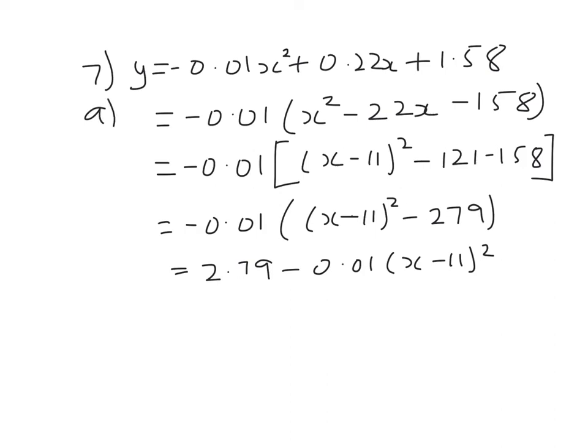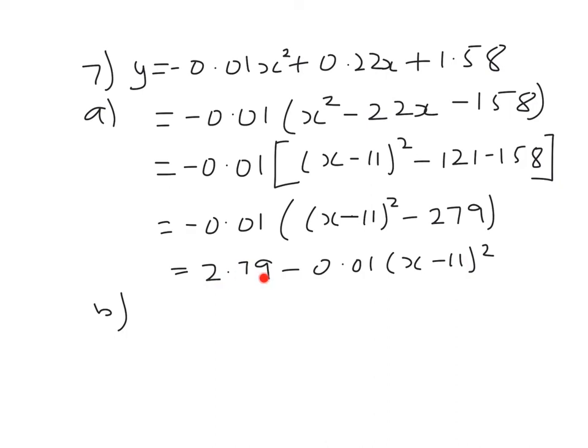Let's look at part B. We've got to find the maximum height. So we've got 2.79 here, and we're taking something away from that. So to get the maximum value of the whole expression, we want to take away the smallest possible amount. The smallest value of x minus 11 squared is 0.